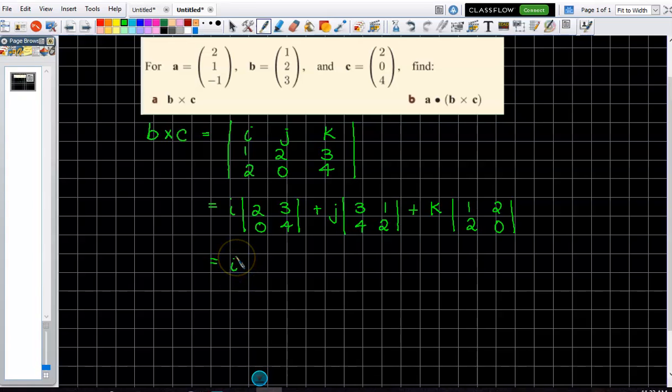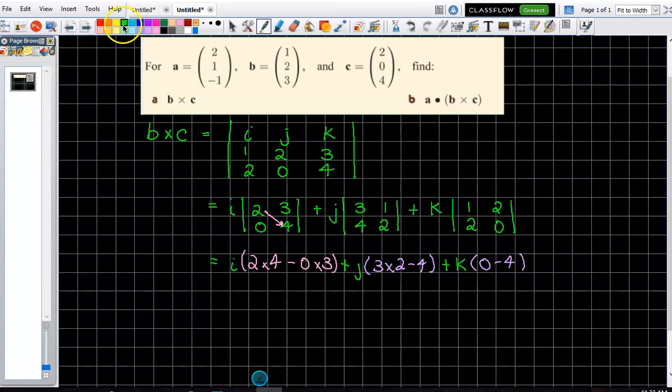And what we're then doing is we're saying 2 times 4, and you don't have to write this line down unless you really forgot everything. 0 times 3 plus J, and that will be 3 times 2, minus 4 plus K, 1 times 0 minus 2 times 2.